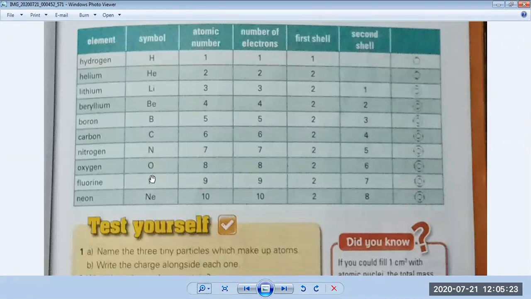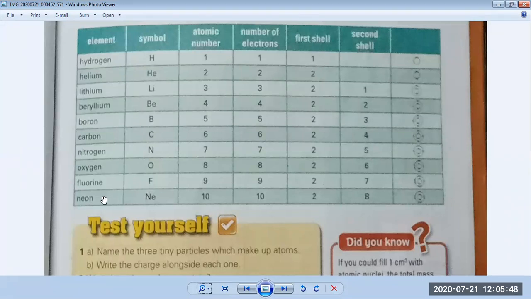Then come to fluorine. Okay, fluorine is shown by the chemical symbol capital F. Its atomic number is 9, and its number of electrons is 9. So in the first shell, we can accommodate 2 electrons, and definitely 7 are left. They will go in the second shell. Then we will discuss neon. We also see the picture of neon above in the figure.